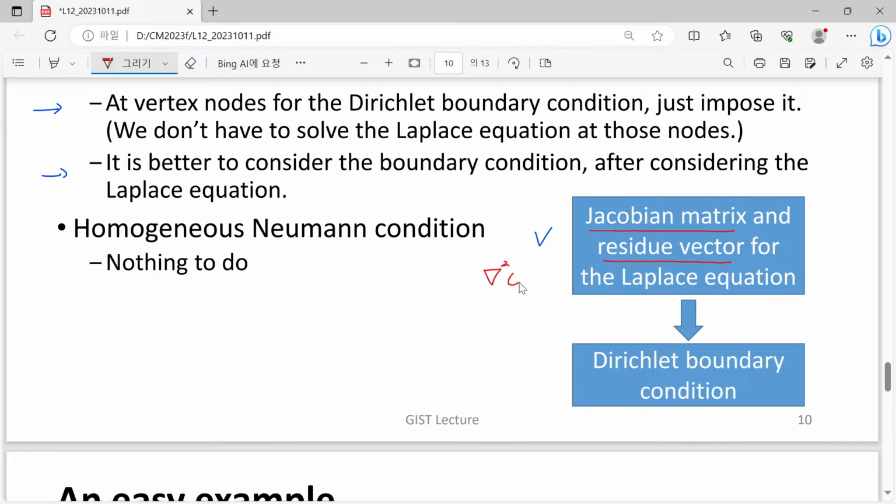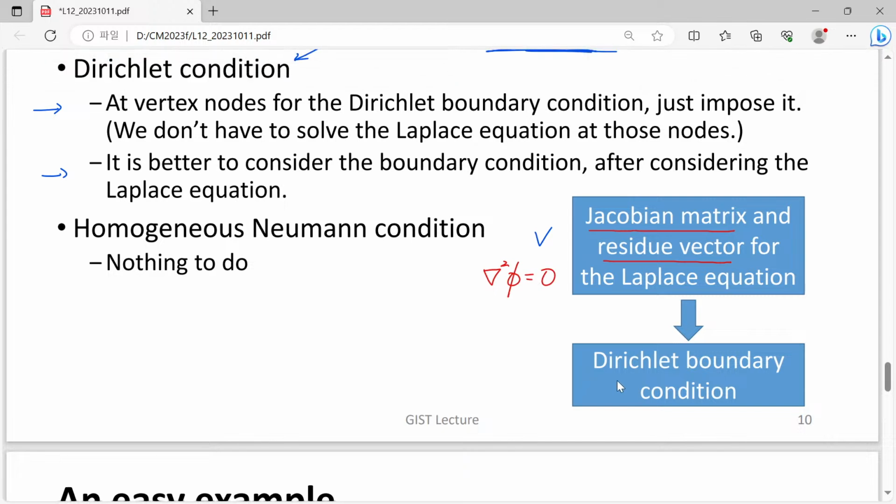Only after that, for vertex nodes with the Dirichlet boundary condition, just delete your previous equation and superimpose the Dirichlet boundary condition. That's it.